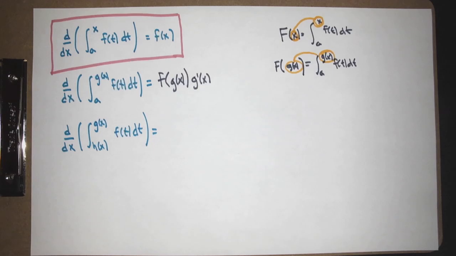All right. Cool. But let's suppose we want to go one more step. Suppose we want to go from a function of x to a function of x, of f of t dt. What would that look like?